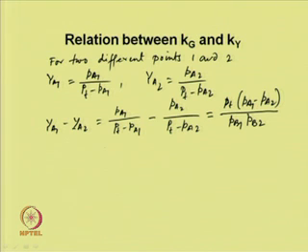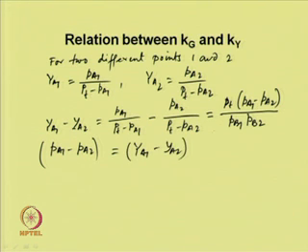So, we can write Pa1 minus Pa2 would be equal to Ya1 minus Ya2 into Pb1 Pb2 divided by Pt.